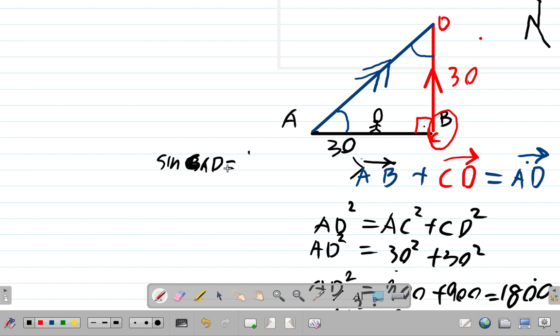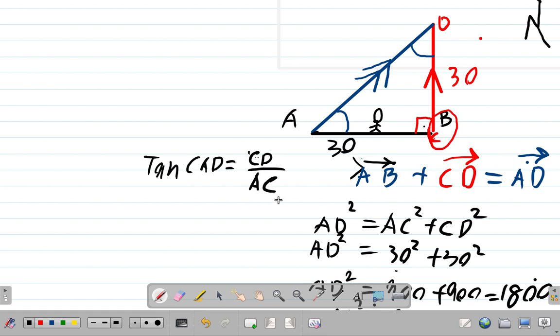I have dropped B. The sine of CAD, the angle CAD, is equal to the opposite, which is CD, divided by, I should not use sine. Tangent, I should have said. The tangent of CAD, this angle here, is equal to opposite, which is CD, divided by the adjacent, which is AC.